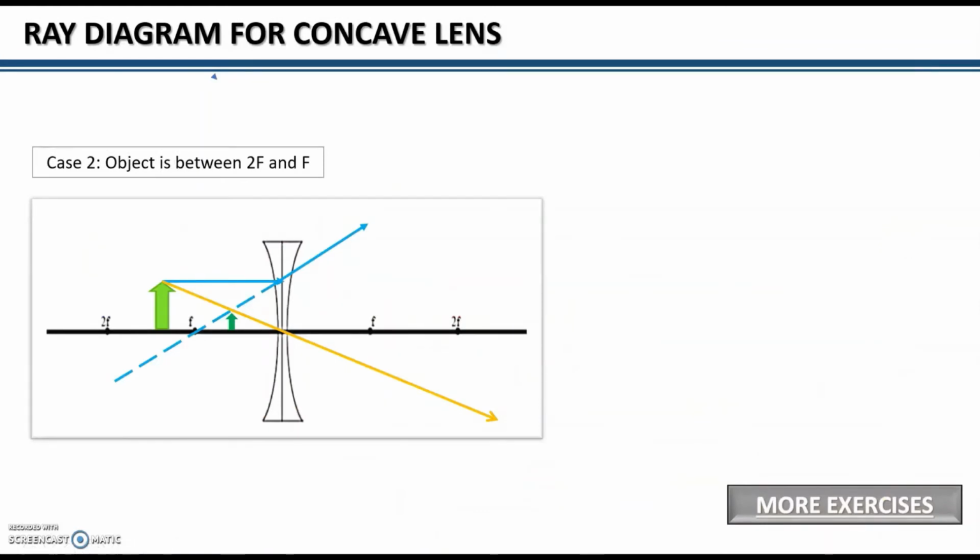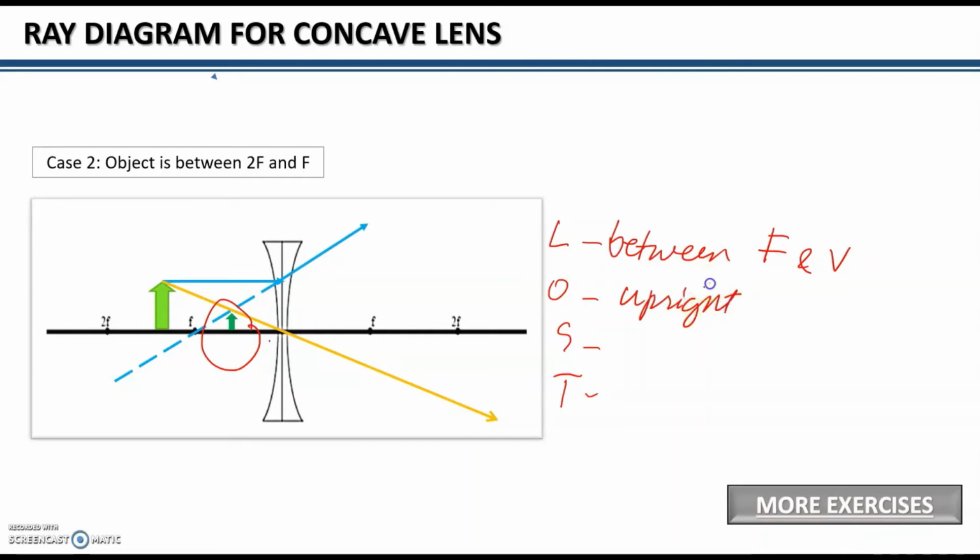So this is case 2 where the object is between F and 2F. So you have an object here placed between 2F and F. And the image is here. So this one is the image drawn, the dark green. So what do you think is the LOST of this image? So looking at the image, it is formed between F and V. Orientation, upright or erect.